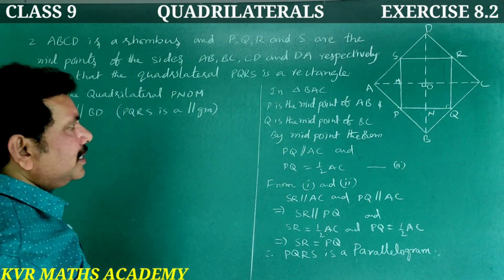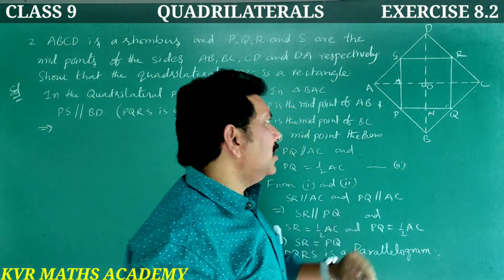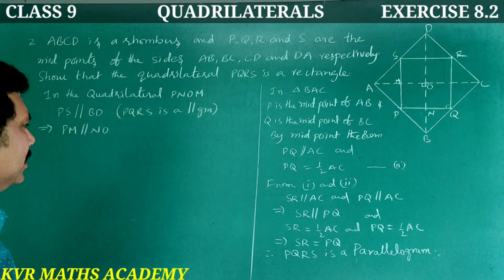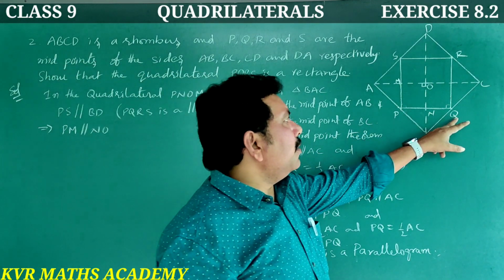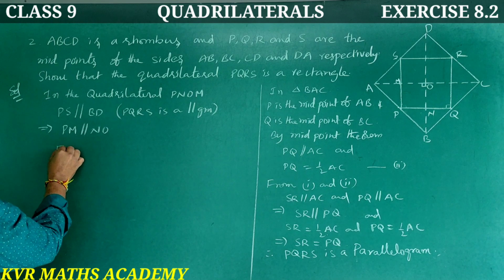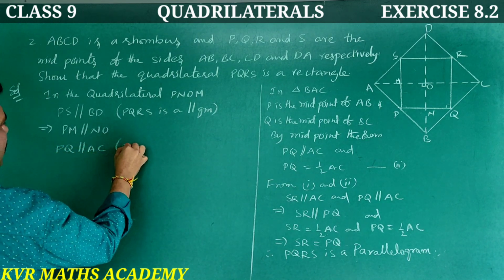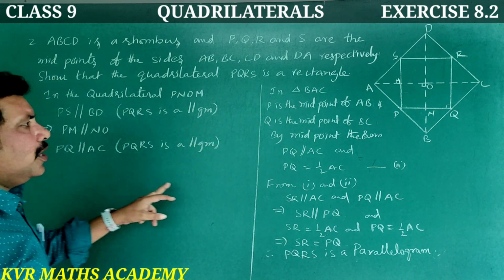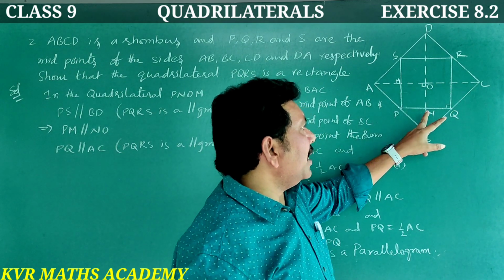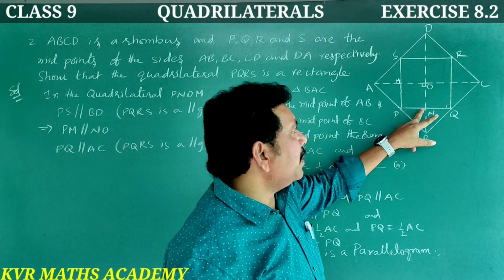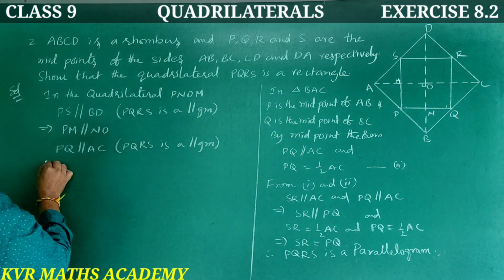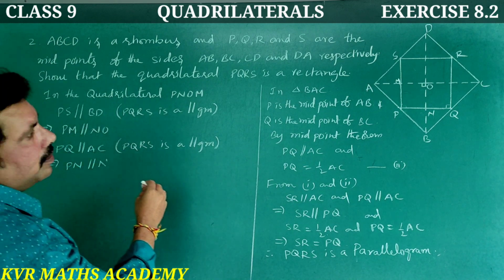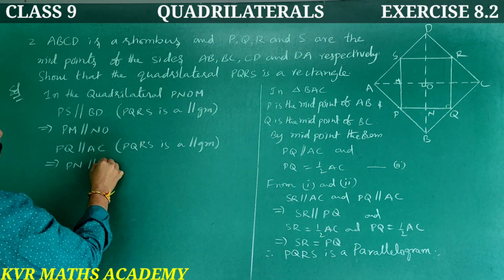That implies PS is parallel to BD, so PM is parallel to NO. Right. Yes, similarly look, PQ is parallel to AC, PQRS is a parallelogram. Right. PQ is parallel to AC, so N and O are points on these. So PN is parallel to OM. So that implies PN is parallel to OM.